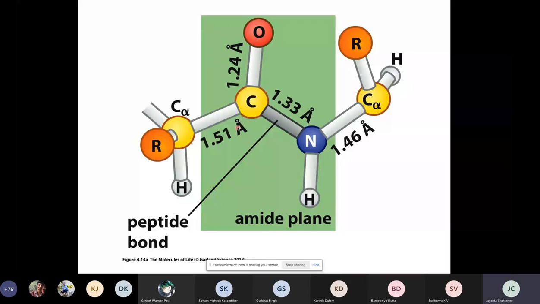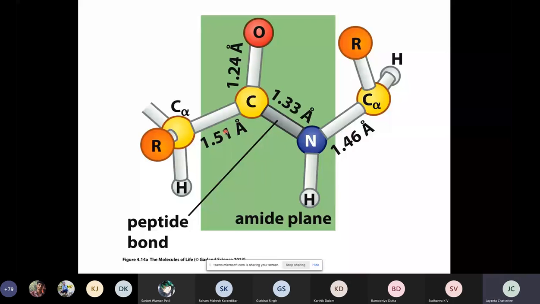Any idea what the CC bond length in ethane is? 1.54. Correct. This one is sp2 hybridized, so you don't have 1.54 angstrom; it is slightly reduced.